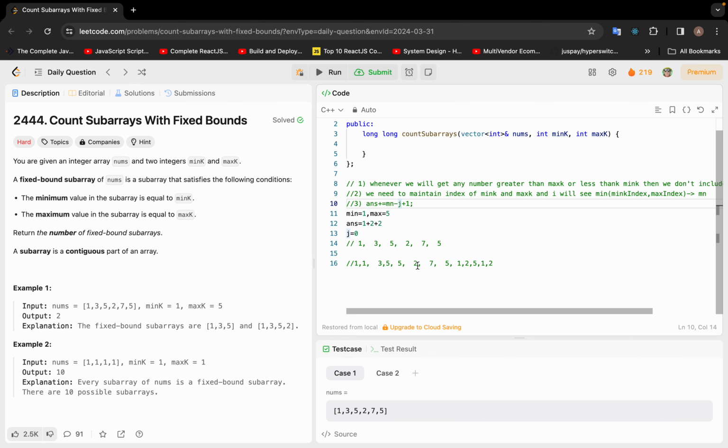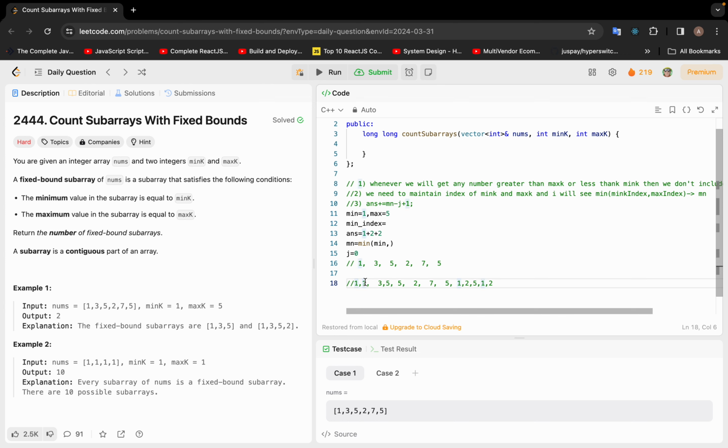Let's see. j is 0 at the first point because it is starting from here, and mn is equal to the minimum of the min index and the max index.